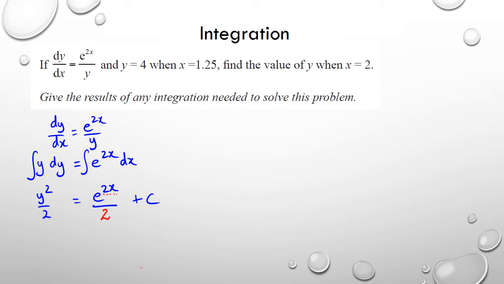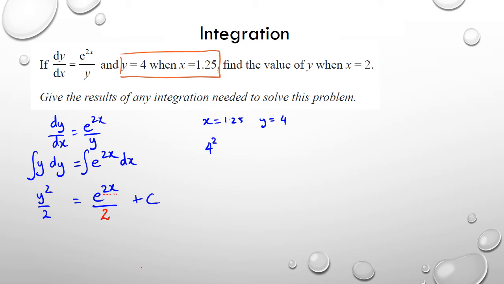Now, because both sides are being divided by 2, I can actually eliminate it, but I'll show you guys without it and see what happens. So the first clue that I've been given in finding c is that y equals 4 when x equals 1.25.